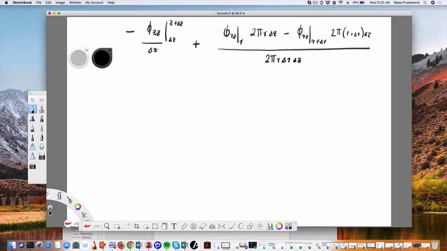And I have plus rho G is equal to 0. The greatest thing ever on this thing is you can erase.